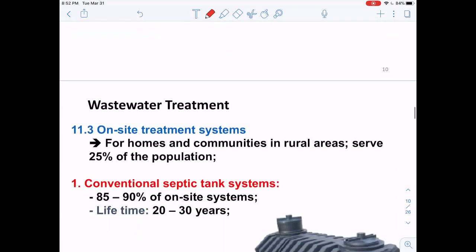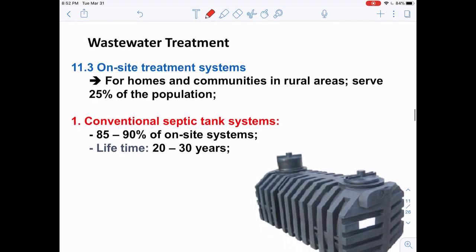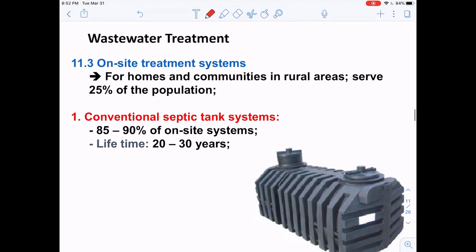So now let's look into a few examples of wastewater treatment devices. The first system we're going to look into is the on-site treatment system. On-site treatment systems are different from wastewater treatment plants, which accommodate a much higher quantity of water from different industries or from municipal sewage.